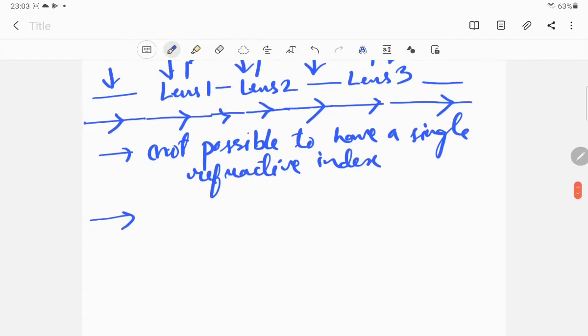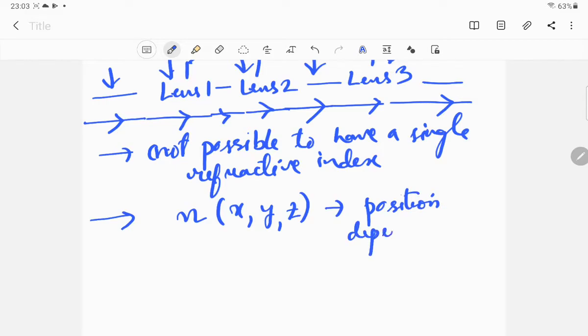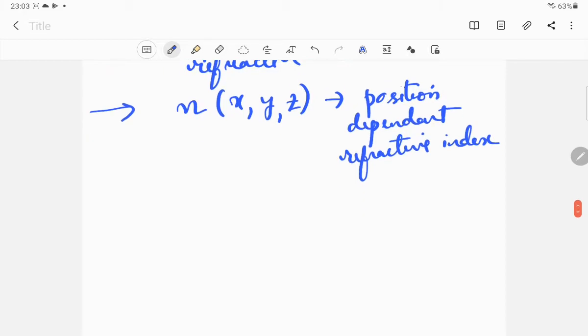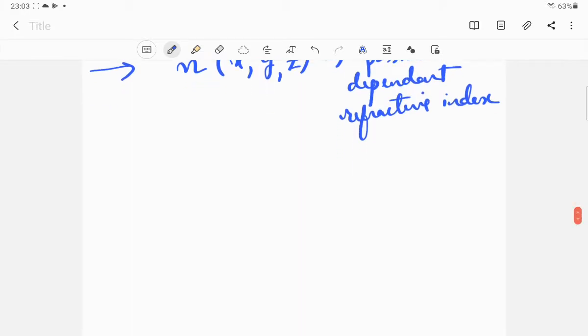So we will consider a refractive index which is position dependent. It is denoted by small n, and we will write it as n(x, y, z). This is a position dependent refractive index.